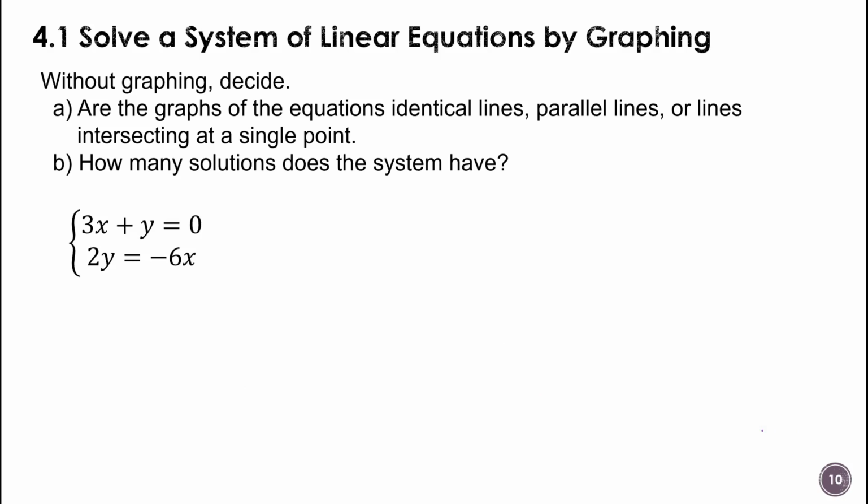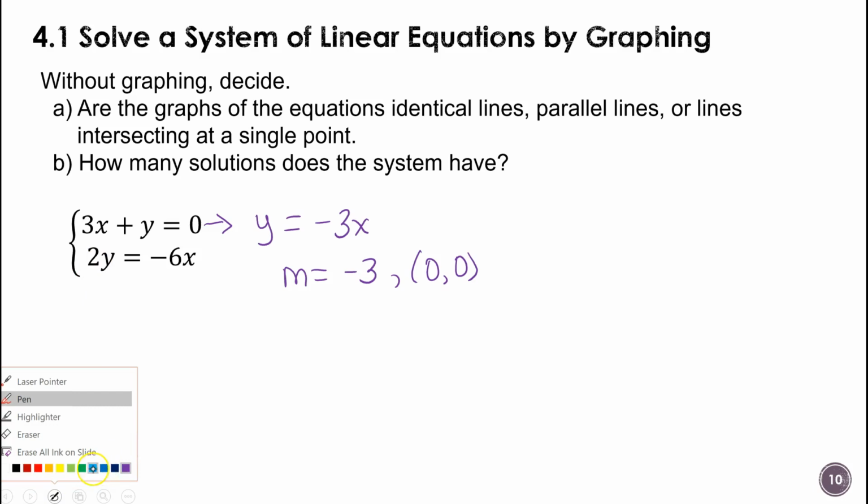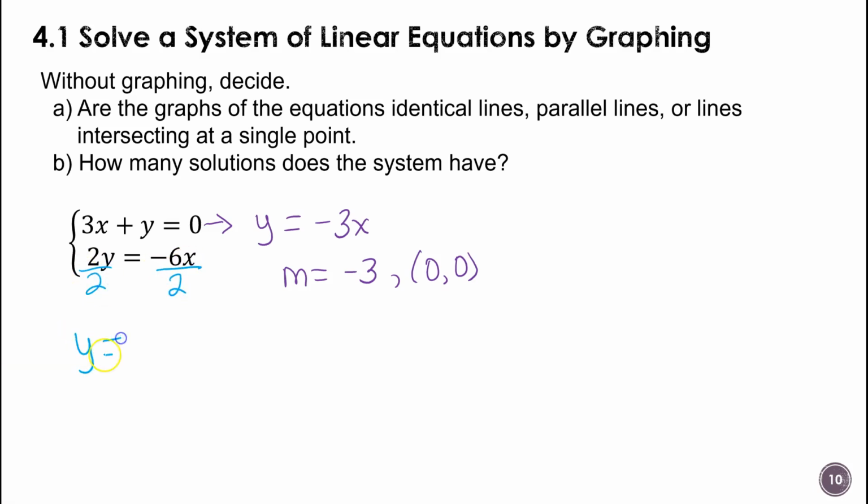Okay, so on my first equation, if I subtract the 3x, I'm going to have y equals -3x. So I have a slope of -3, an intercept at 0, 0. On the second equation, I'm going to have y equals -3x. So you notice that we get the same slope, and these both have the same intercept. So that means they're the same line.